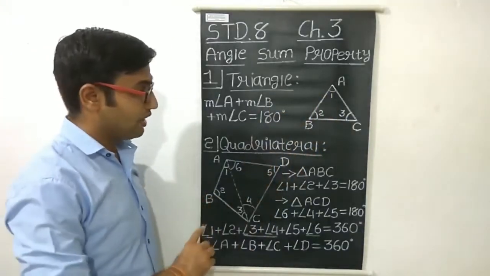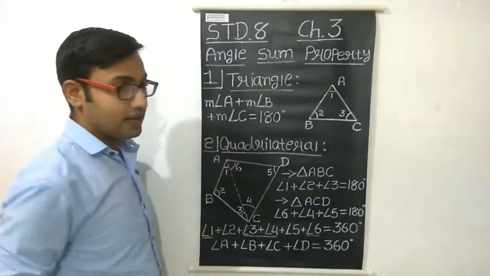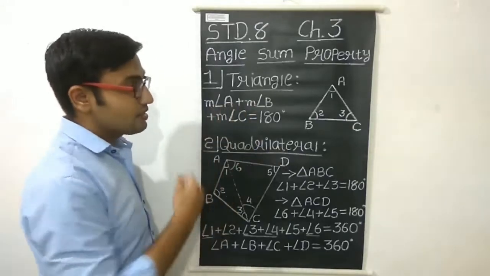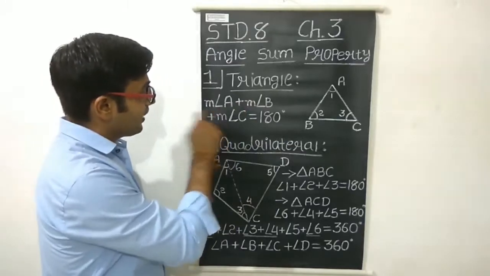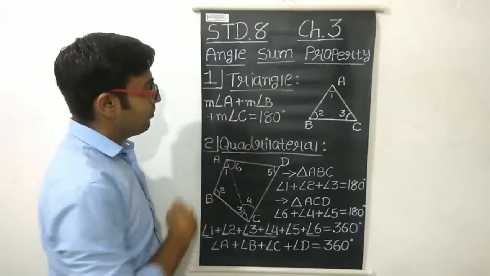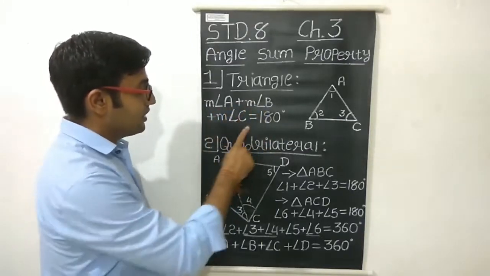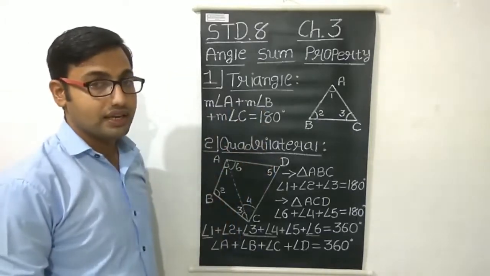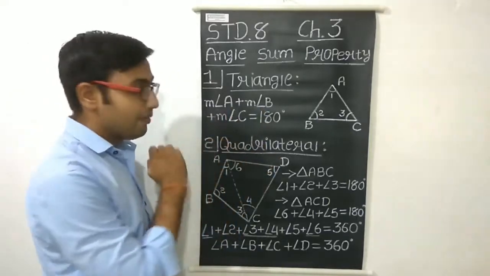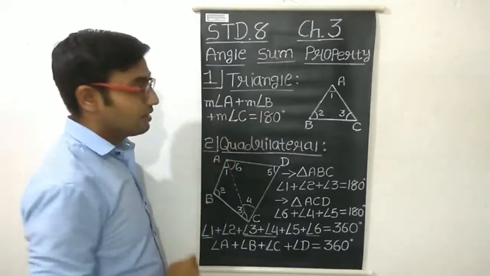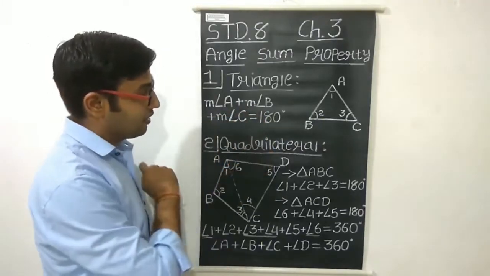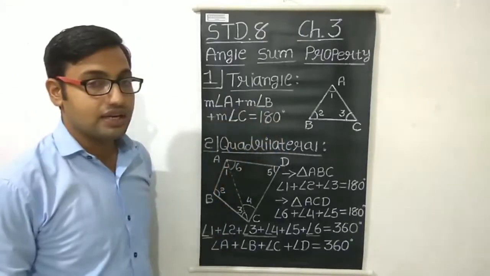We know that the angle sum property of a triangle states that the sum of all the angles is equal to 180 degrees. That means measure of angle A plus measure of angle B plus measure of angle C is equal to 180 degrees. We have used this M for the measure, right? So if we add all the angles of a triangle, then we get 180 degrees.